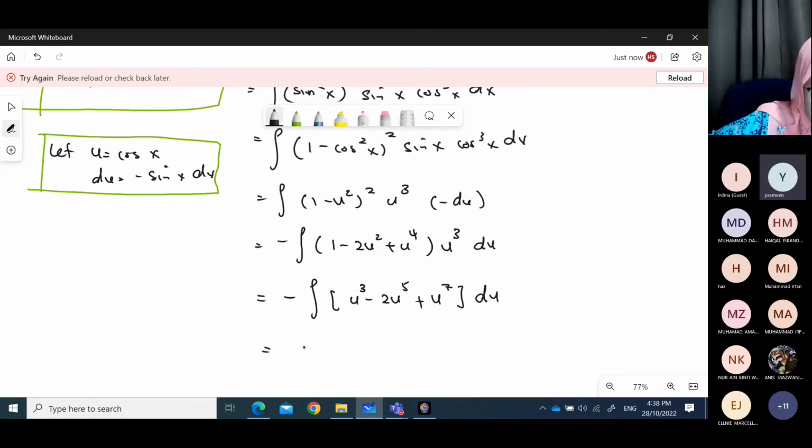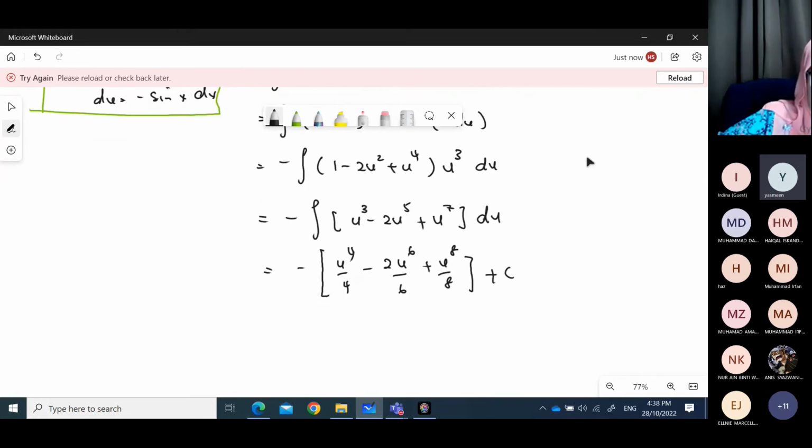Okay, so negative. You integrate, then kita akan dapat u to the power of 4 over 4 minus 2 u to the power of 6 over 6 plus u to the power of 8 over 8 and then plus c.